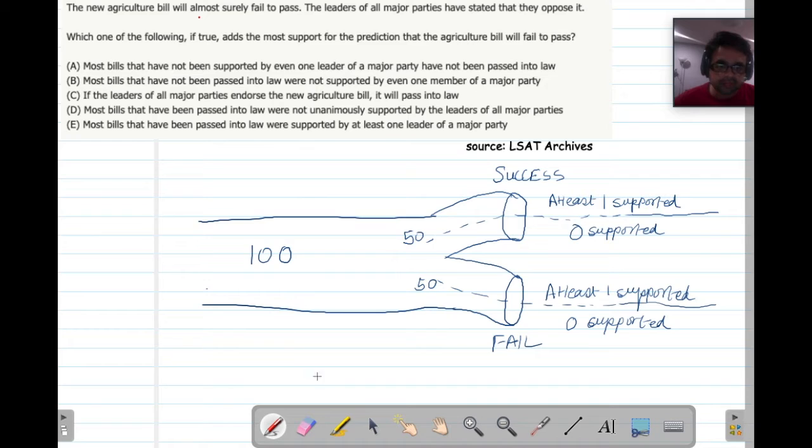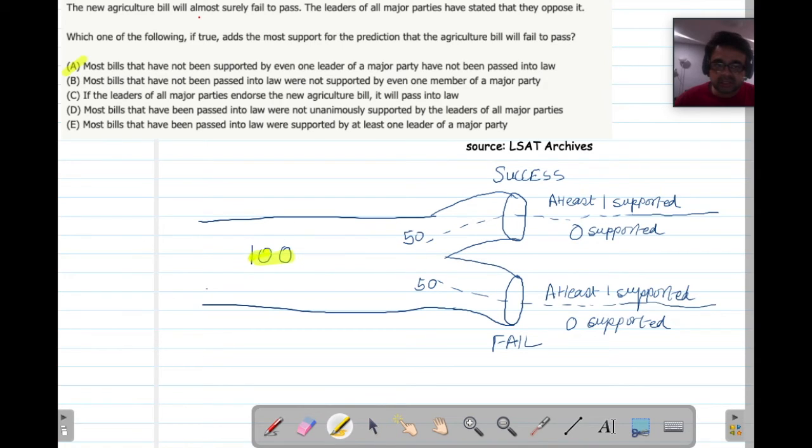All right, finally, we are going to look at choice number A, and let's read it through. Most bills that have not been supported, meaning zero support, by even one leader of the party have not been passed into law. So this clearly states that when 100 bills come in, if they are not supported by the party, then they don't succeed.